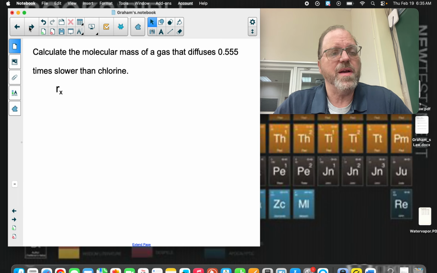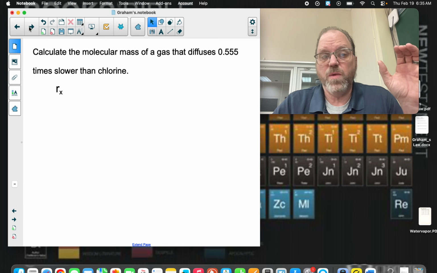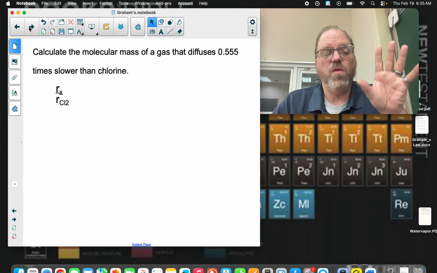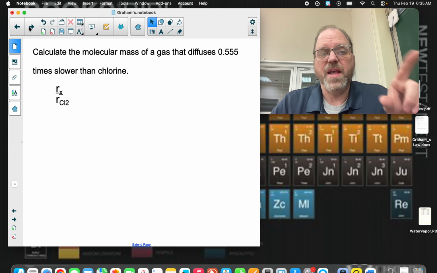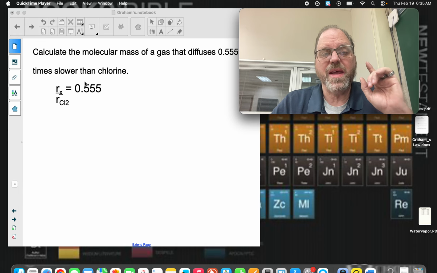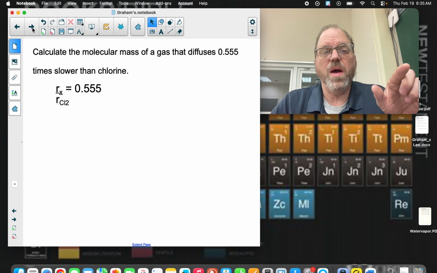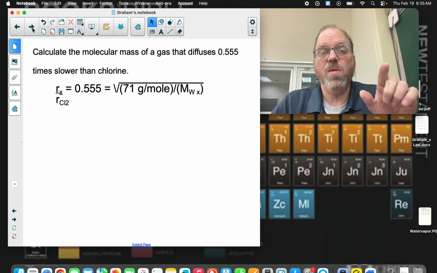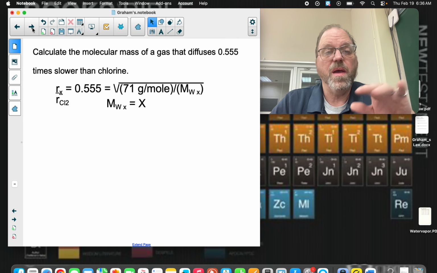So what we're saying here is that the rate of some gas, we don't know what it is, over chlorine is 0.555. That's all we're going to work with. We're not going to worry about the rest of this equation. This ratio is equal to the square root of 71 grams per mole over molecular weight. We don't know the molecular weight, so we're solving for that.